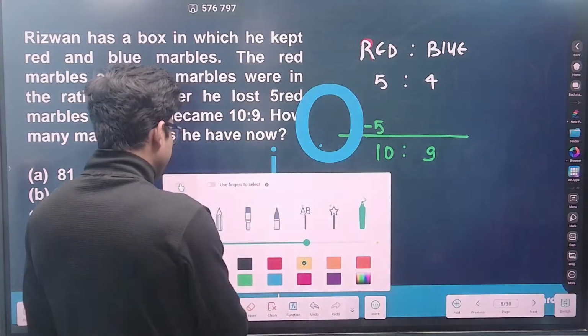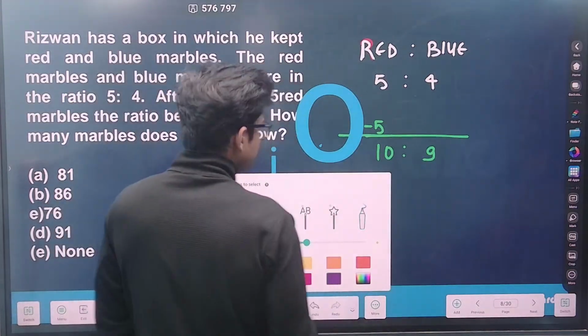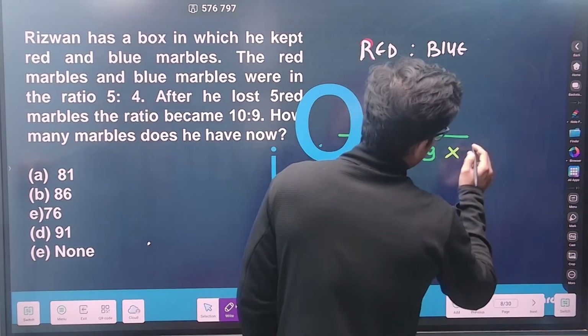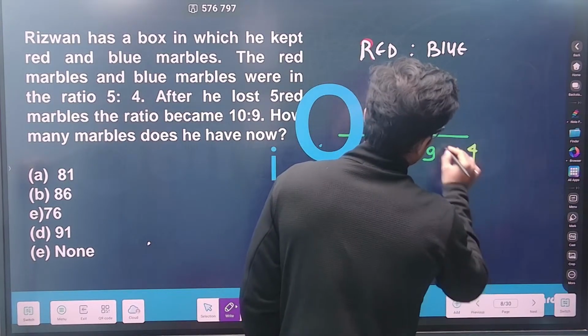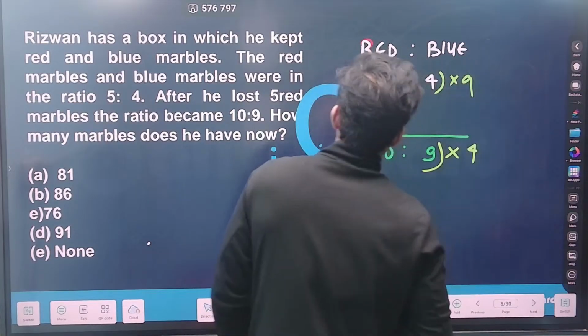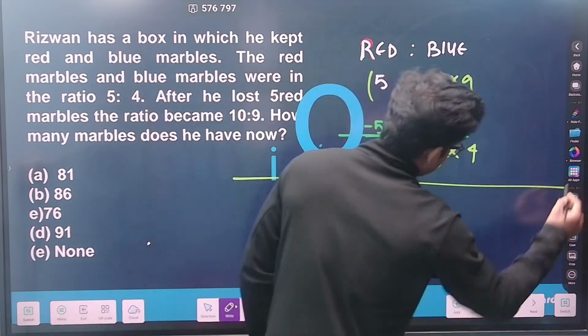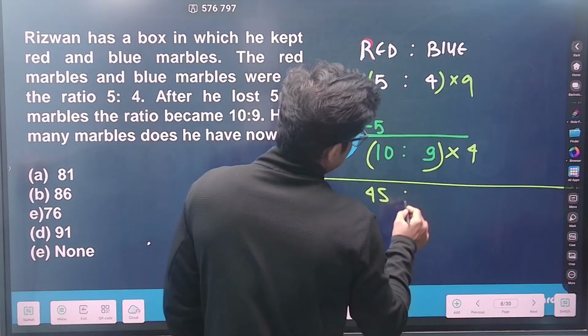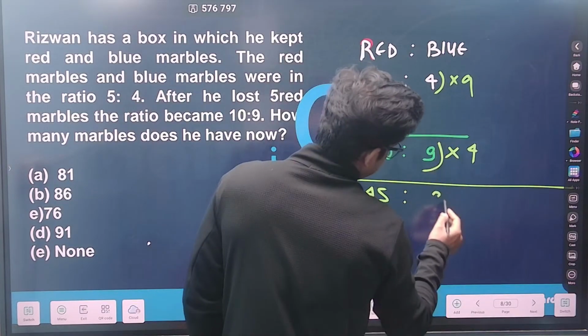How can I make them same? I can make them same by multiplying this value by 4, the whole value, and multiplying this value by 9. So the new ratio will become 9 5s are 45 is to 9 4s are 36, correct?